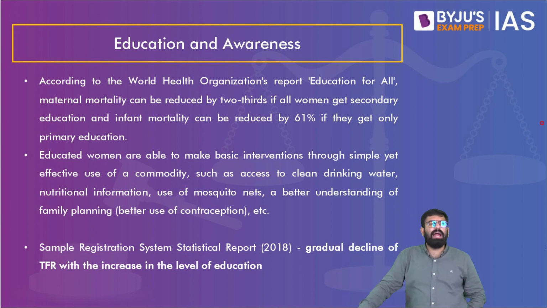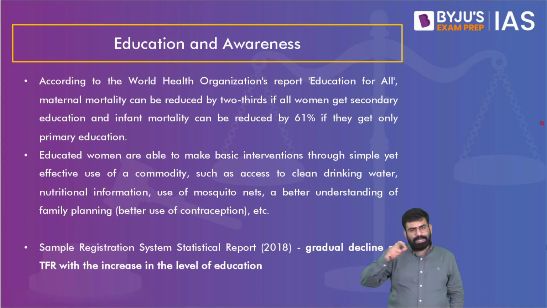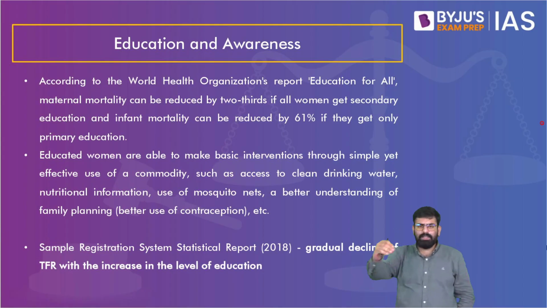There we had looked at all the dimensions related to fertility, that is, all the factors that impact fertility. Out of those, we picked out a few related to women, right? That was the way in which we approached that question.